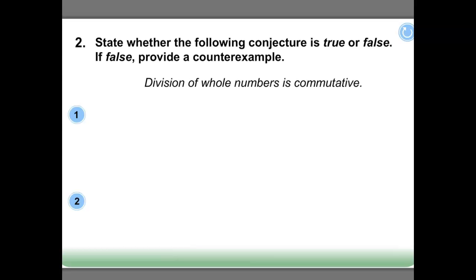So the division of whole numbers is commutative. Commutative means that you can move numbers and you'll get the same answer. So if we have something like 15 divided by 3, because these are whole numbers, you get an answer of 5. Does that hold true if I move the numbers and do 3 divided by 15?